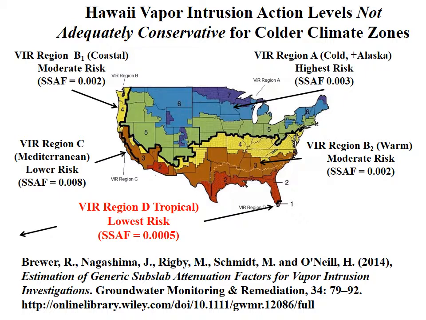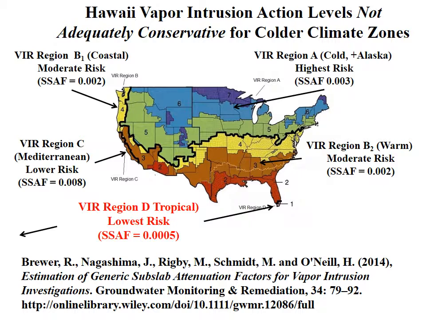So the higher the number that you see here for the SSAF, the subslab attenuation factor, the less attenuation, because it's inverse. In Hawaii, we assume an attenuation factor of 0.0005, or 2,000-fold attenuation, whereas in a colder area of the U.S., this Vapor Intrusion Risk Region A across the Midwest and Northeast, and then Alaska, the attenuation factor assumed there, again based on building data, these aren't just models, is 0.003, or about a 300-fold attenuation.